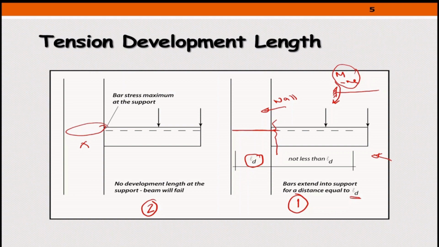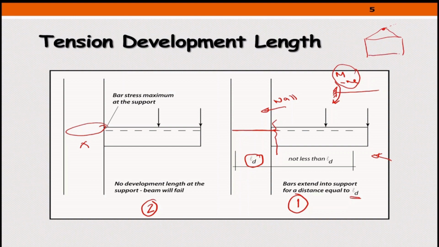Think of a real life application where you would like to hang a frame on the wall like this. Why do you have to insert the bolt inside the wall to a specific distance? Why don't you just have it superficially located in the wall?